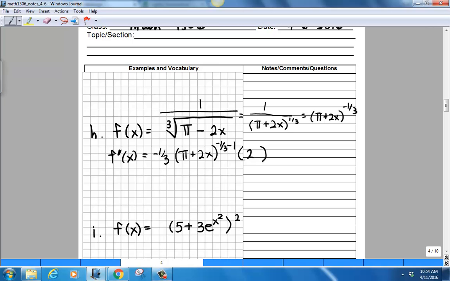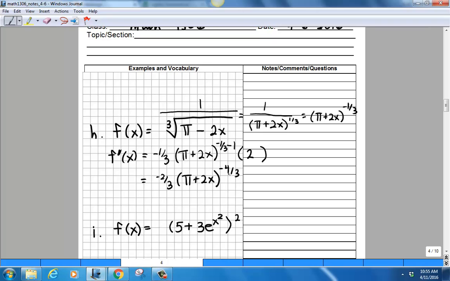Now you can simplify this a lot. I can take the 2 times the minus 1/3, so I could write that as minus 2/3, pi plus 2x to the, and then of course minus 1/3 minus 1. I need to figure out what that is, but that's minus 4/3. Minus 1/3, subtract another one will bring you to minus 4/3.